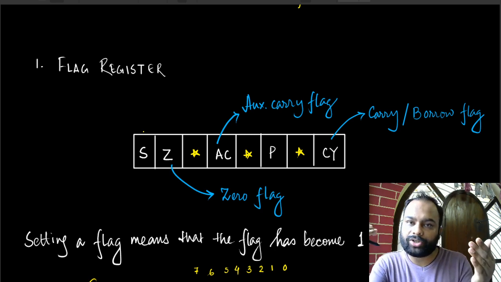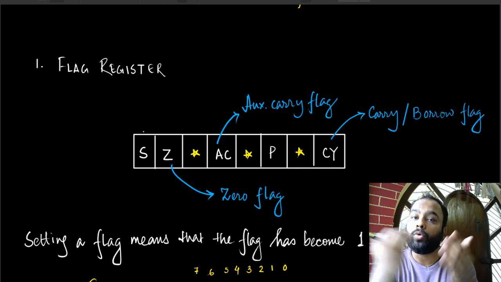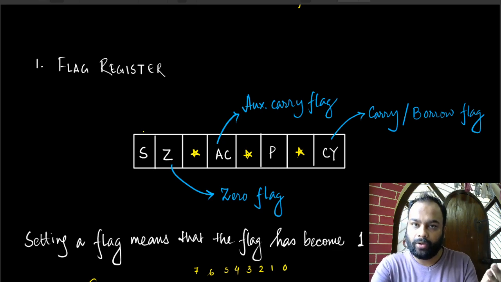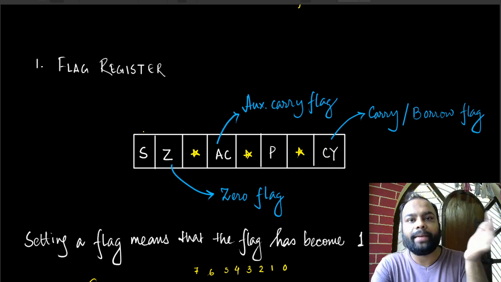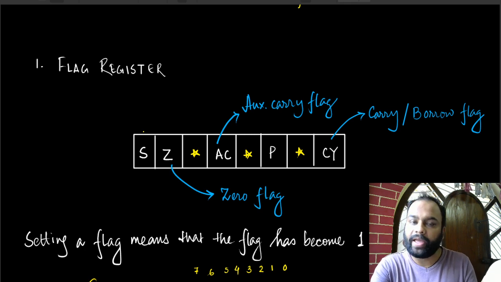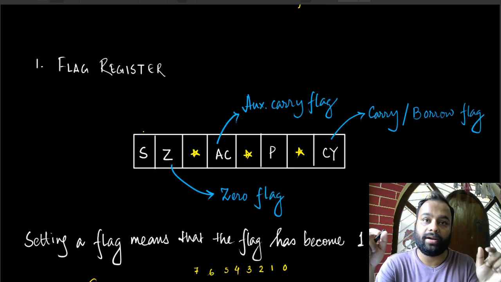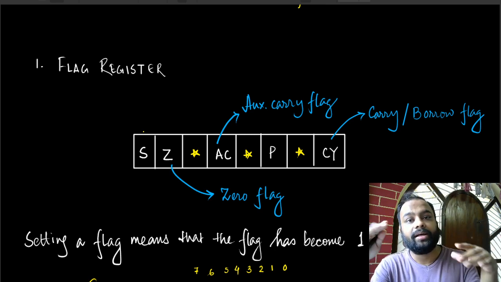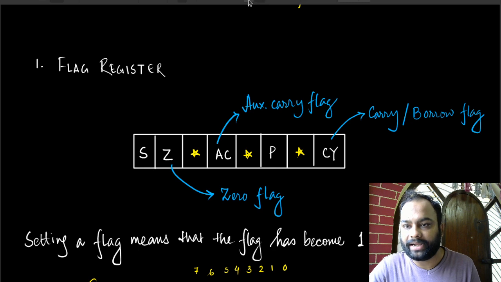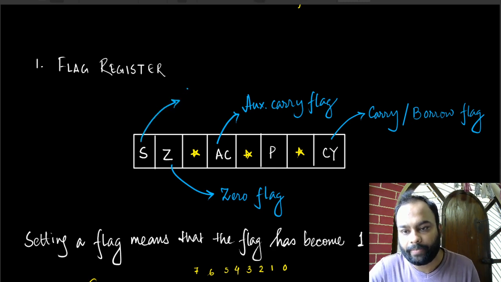After executing an instruction, if you get a negative result, so if the most significant bit is equal to 1, and if you are treating them as signed numbers, then the sign flag is set. So this is known as the sign flag.